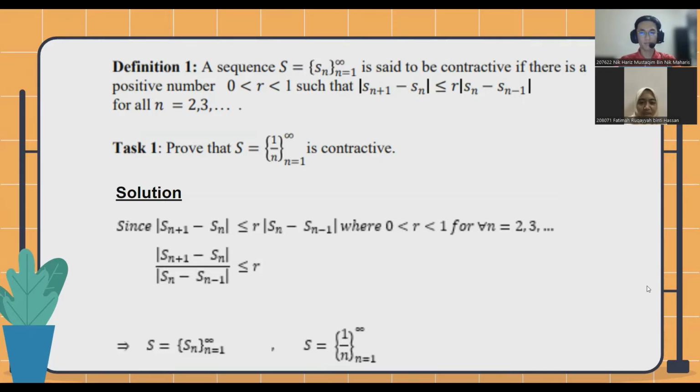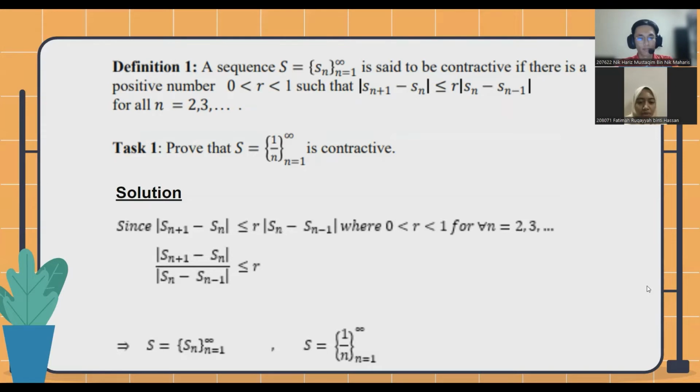Thank you, Nick. For the solution of this task, since modulus Sn plus 1 minus Sn is less than or equal to r multiplied with modulus Sn minus Sn minus 1, where r is greater than 0 and less than 1, for all n equal to 2, 3, and so on, this means that modulus Sn plus 1 minus Sn over modulus Sn minus Sn minus 1 is less than or equal to r.